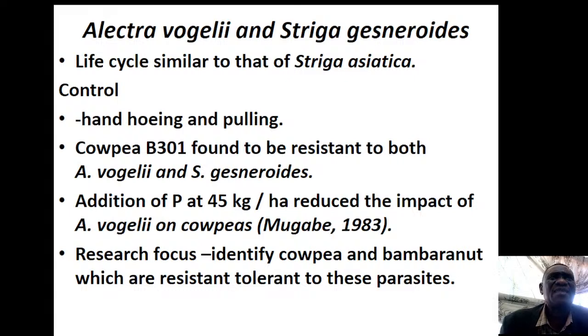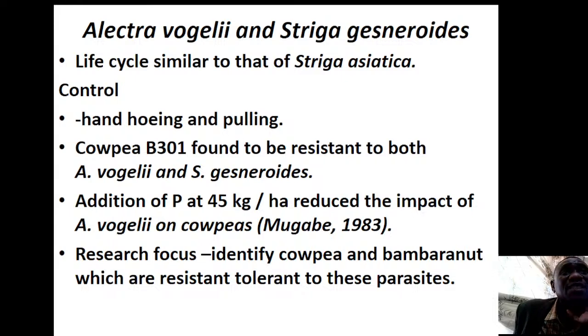But with cowpea, there's a genotype known as B301, which was found to be resistant to Alectra vogelii and Striga gesnerioides. You can have the addition of phosphorus, about 45 kgs per hectare, which can reduce the impact of Alectra vogelii in cowpeas, as reported by Mugabe in 1983.